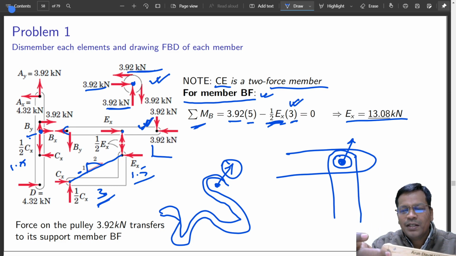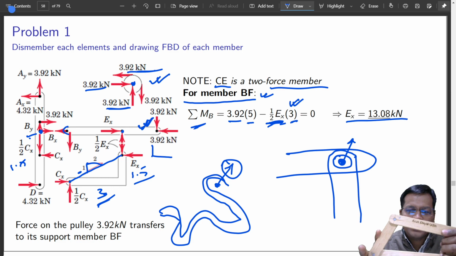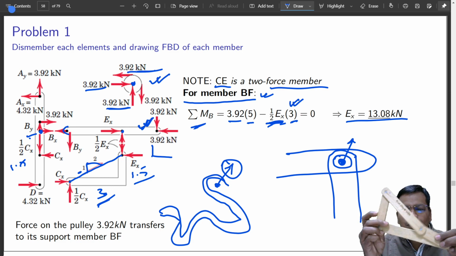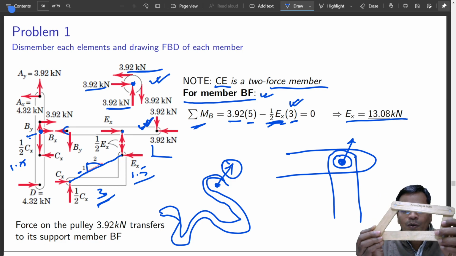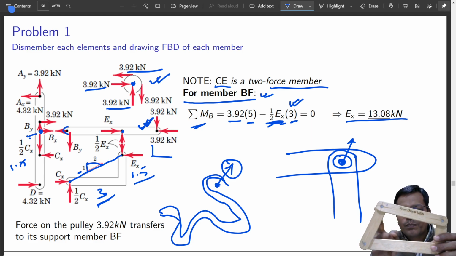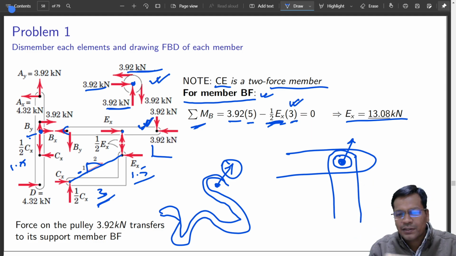The pin creates a force along the direction required to make this link balanced. So in any position, forces will always be along the member which connects these two points.